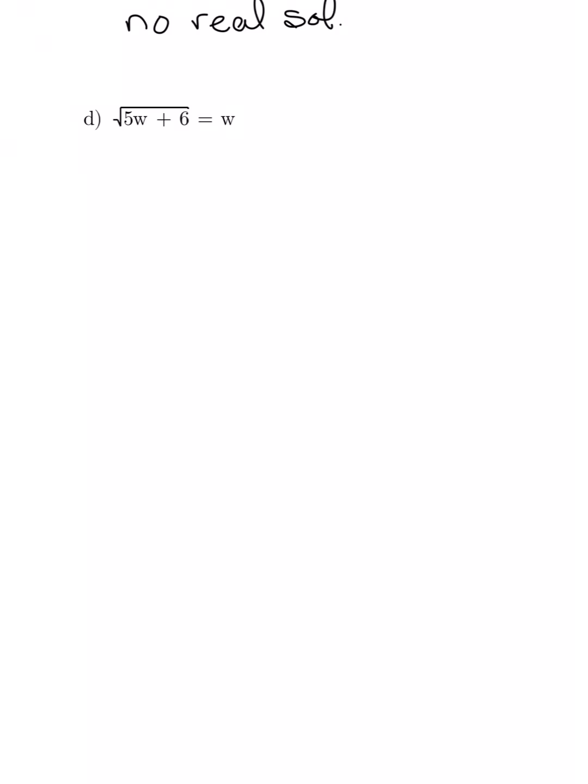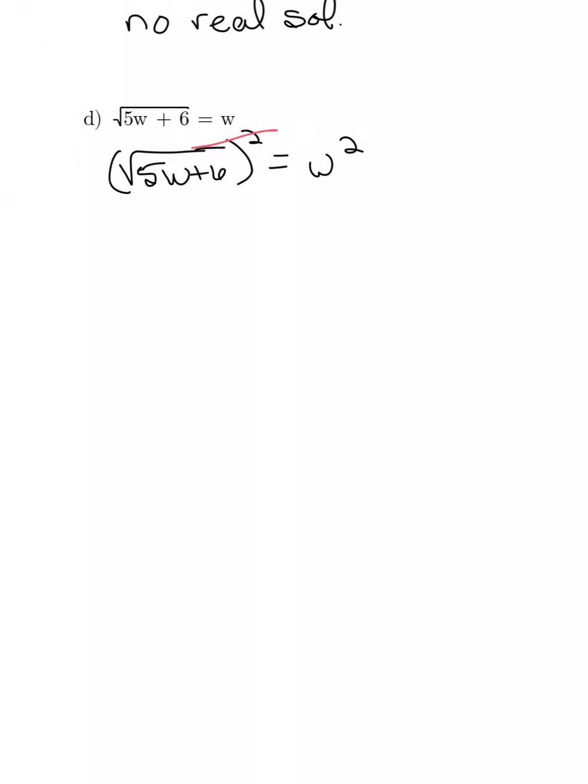On the next one, we have the square root of 5w plus 6 equals w. Our radical is already isolated by itself. We can go straight to squaring. So when we square this, we're going to have the square root of 5w plus 6 that we are squaring equals w that we are squaring. Remember that squaring a square root, they offset each other.